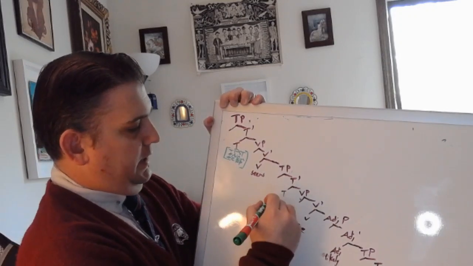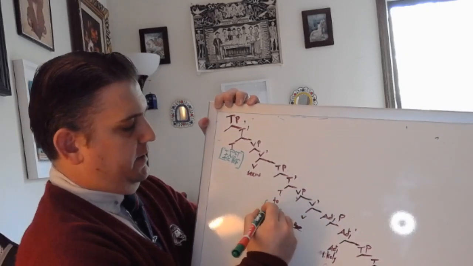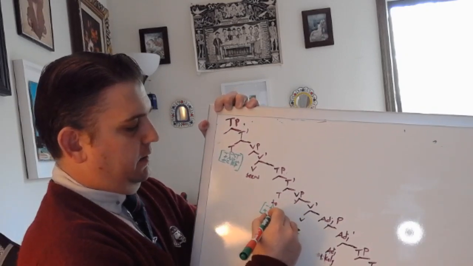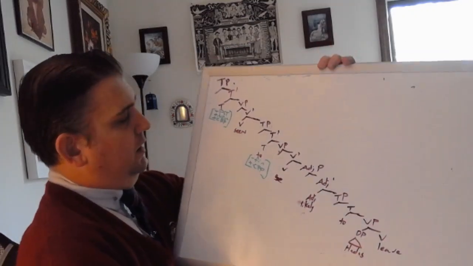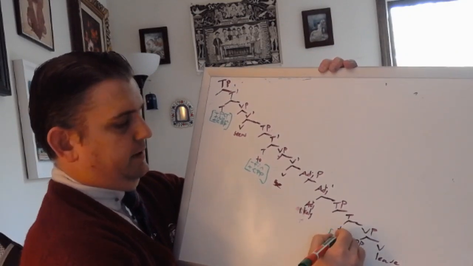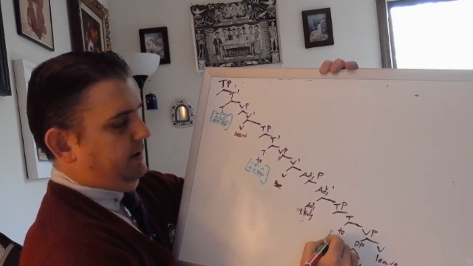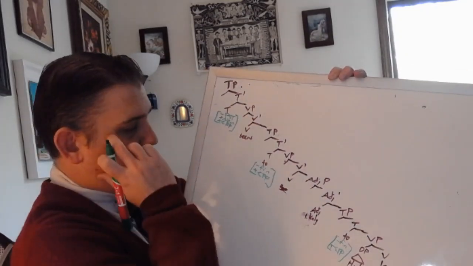The T down here is minus infinitive and plus EPP. And then this T is also minus infinitive and plus EPP. Those are our features on T.